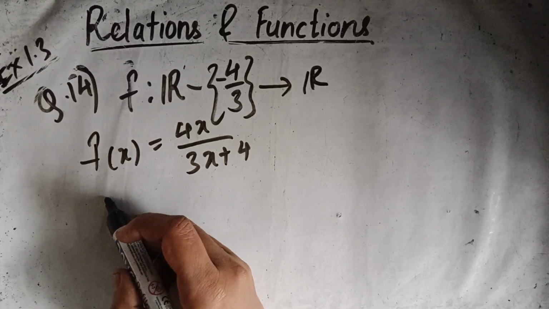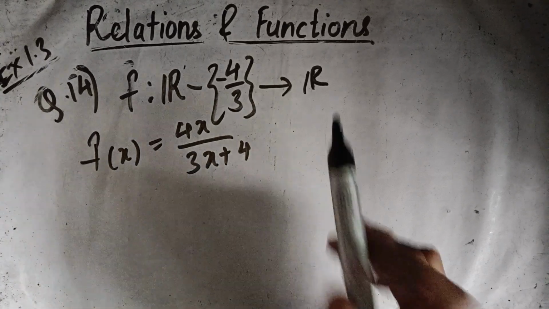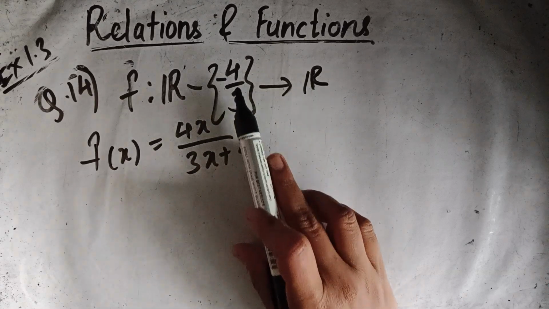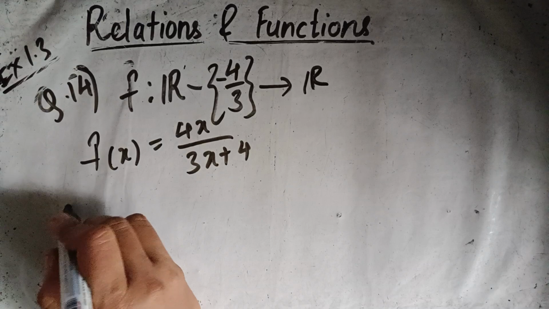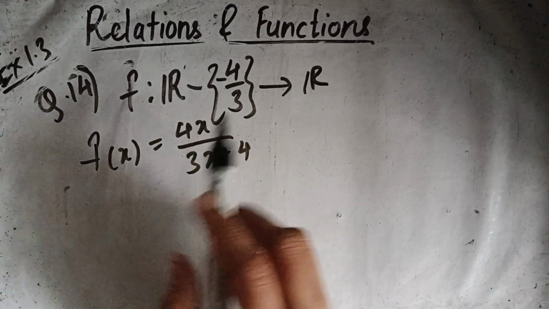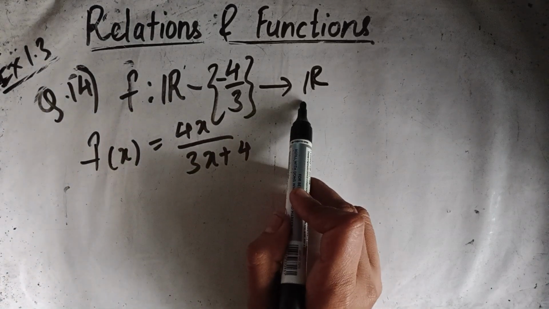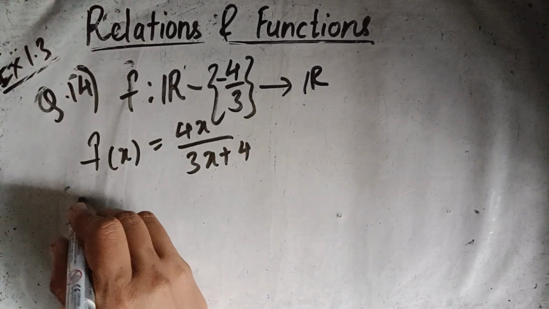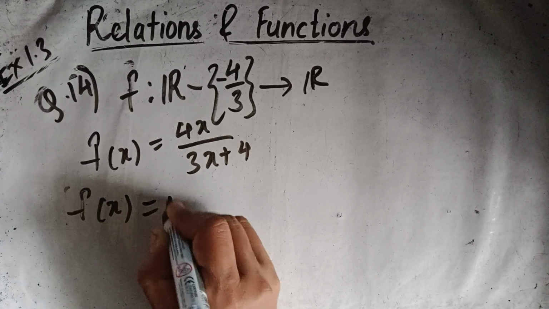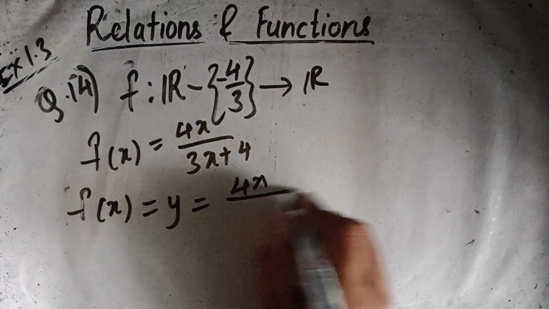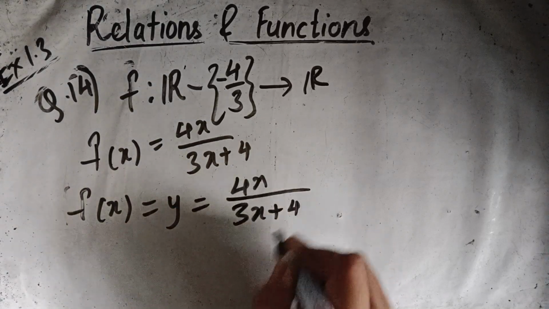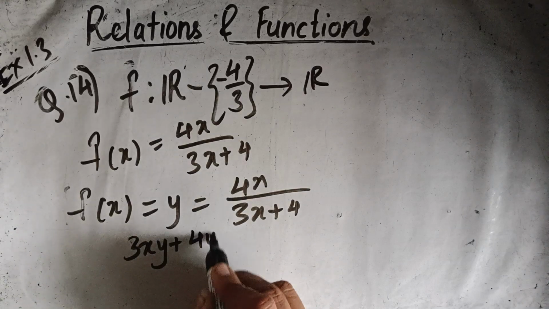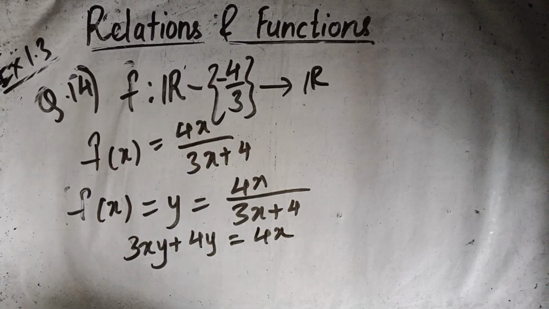So G function is defined from range of f to R minus minus 4 by 3. Let's say some y belongs to range of f. So f of x is equal to y, which is 4x upon 3x plus 4. So this is 3xy plus 4y equal to 4x. We want x, right?